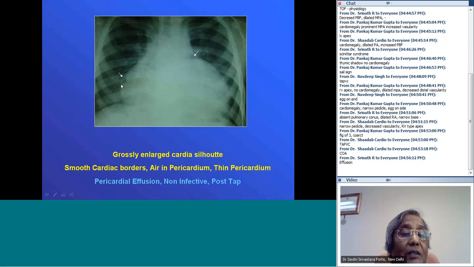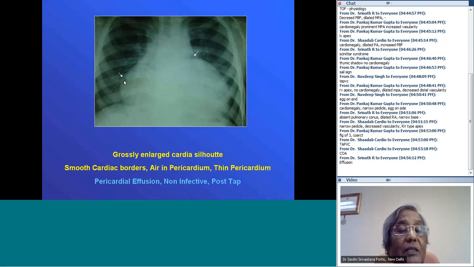This is air in the pericardium, which gives you the idea that it was tapped, and once the air is there, it is delineating the pericardium. So the pericardium is not ragged, not very thick, which gives an impression that it is a thin pericardium. So it has to be non-infective and not containing blood. So it is a thin pericardium and it has been tapped.